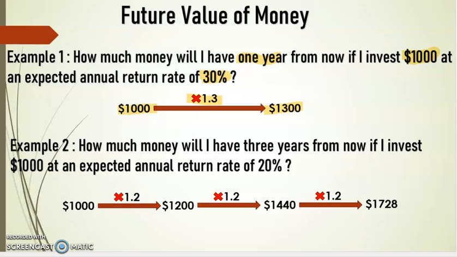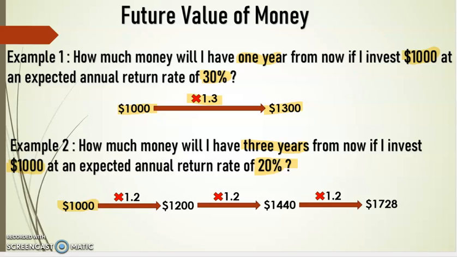In example 2, the investment period is 3 years and the investment amount is the same, 1,000. Expected annual rate is 20%. So for 3 years we have to do the calculation. First of all, we take our investment of $1,000 and multiply by 1.2.